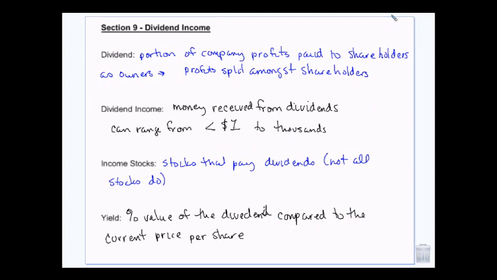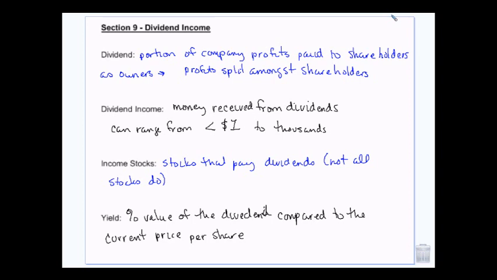Dividends are not paid by every company, and they're not necessarily paid every year. The board of directors decides that. The dividend is what happens when the corporation is owned by its shareholders, and corporations make profits, and periodically they will release those profits to the shareholders. It gets split evenly amongst all of the shares of stock.